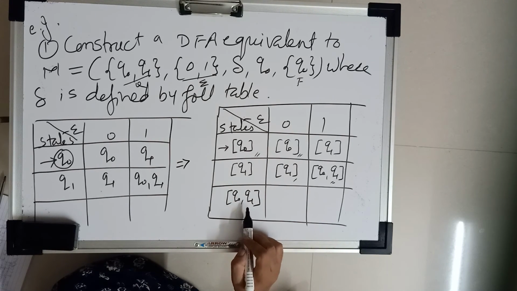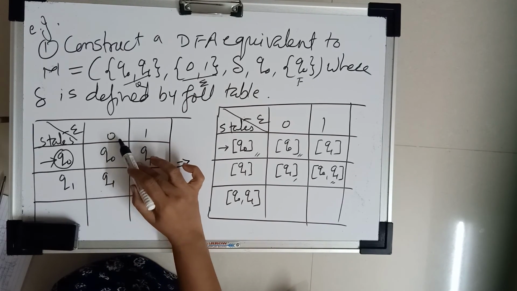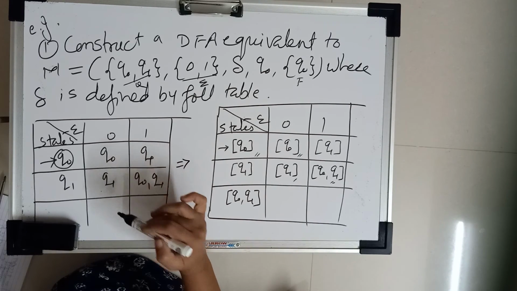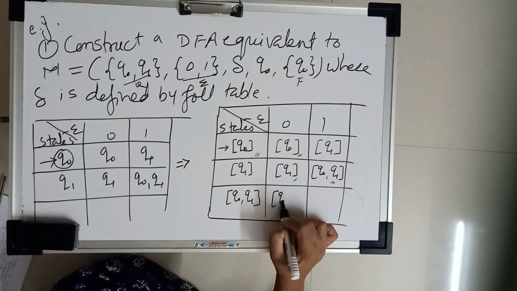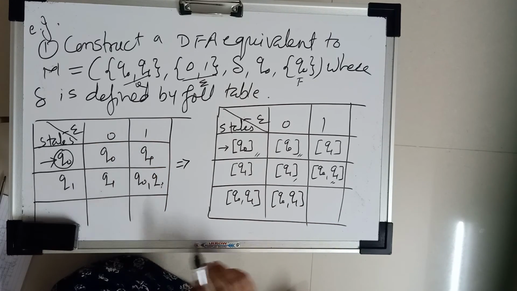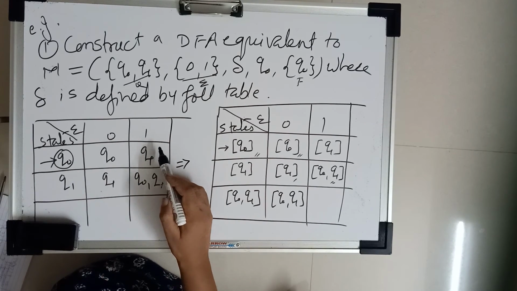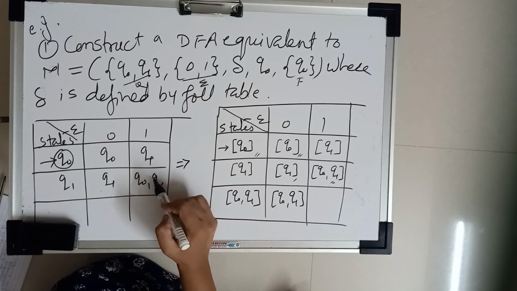Again write down the entries from this table for Q0 and Q1. Whatever the values of Q0, Q1 are for the 0 column, we write Q0, Q1 for 0. Again for the 1 column entry for Q0, Q1, three values are given: Q1, Q0, Q1.